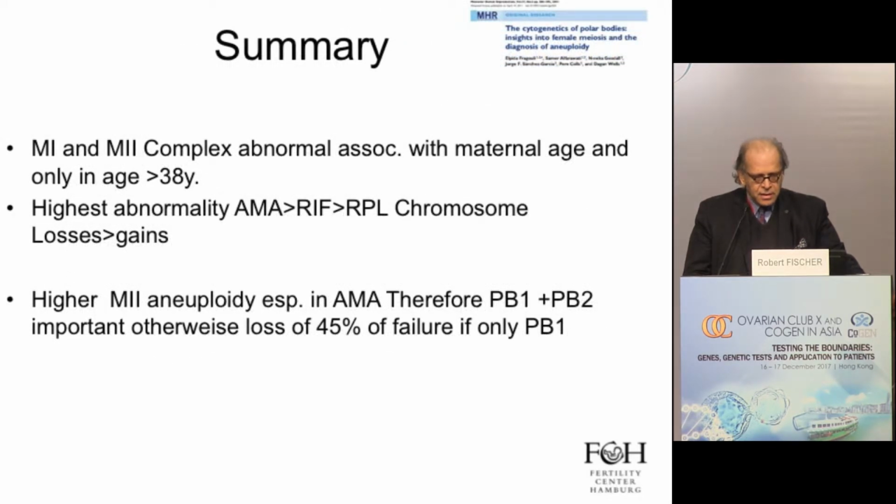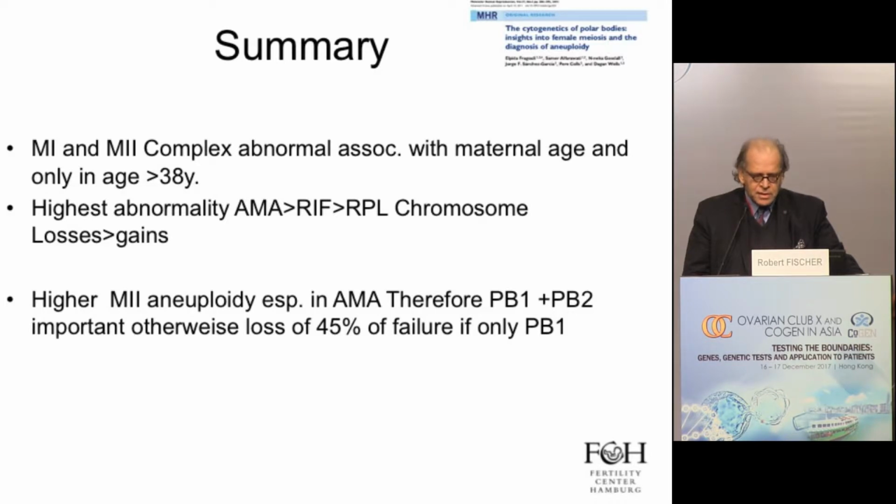Meiosis 1 and meiosis 2 complex abnormalities, where many chromosomes failed, increased with maternal age, and the highest chromosome abnormality they could see was in advanced maternal age, more than in recurrent implantation failure, and more than in pregnancy loss.